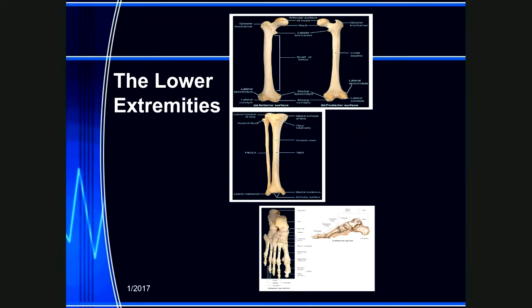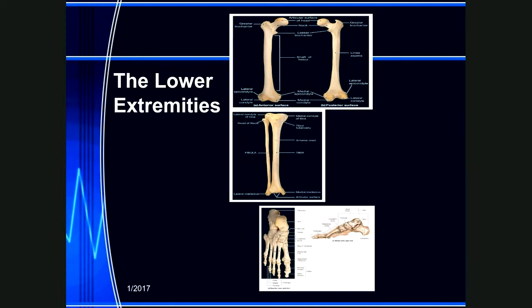The lower extremities: the large thigh bone is known as the femur, which connects to the lower leg, consisting of the tibia and fibula. Sitting on the anterior knee joint is the patella, also known as the kneecap.